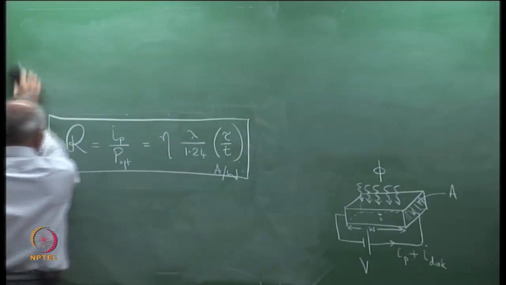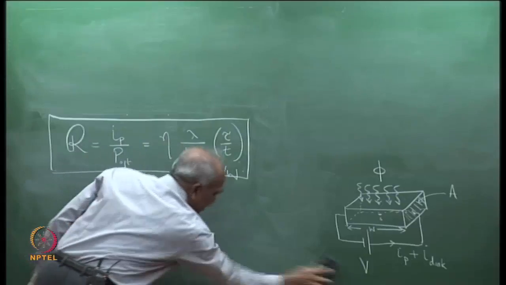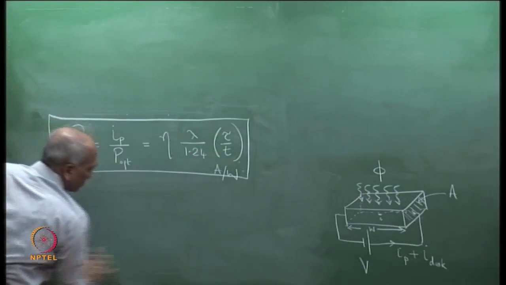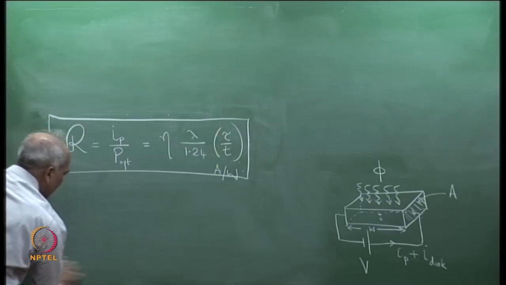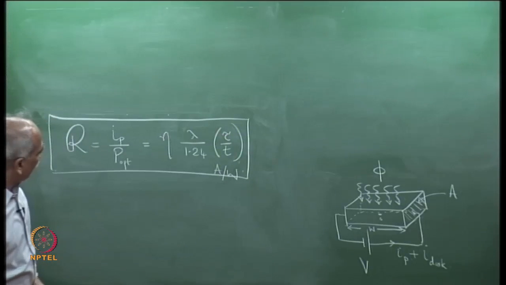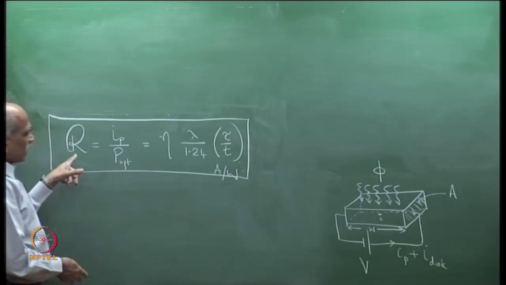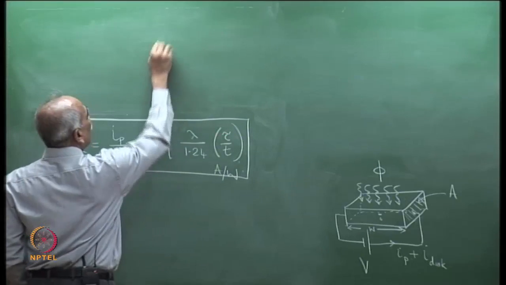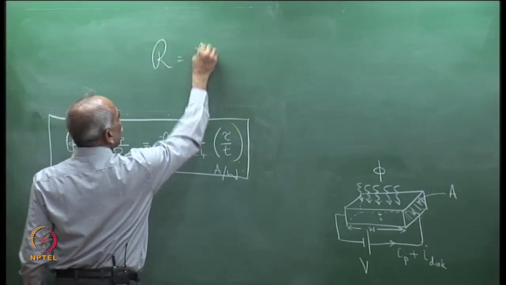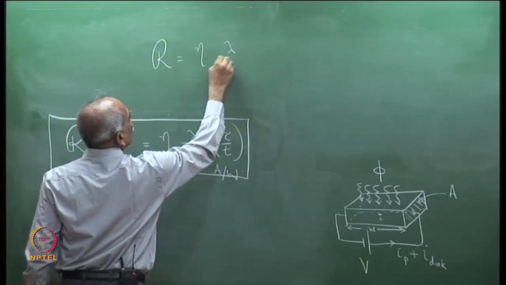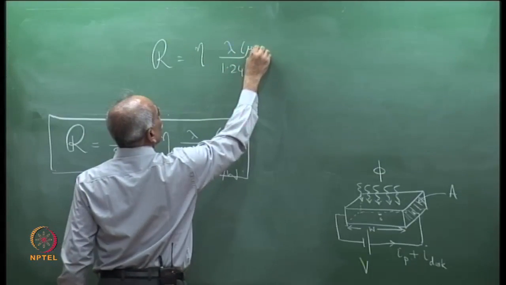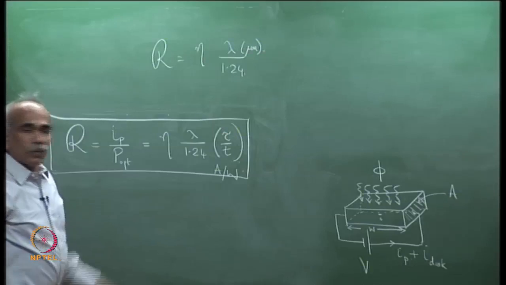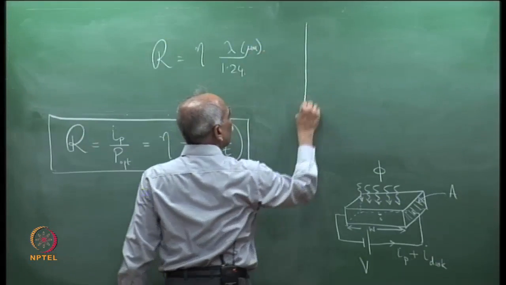When we discussed the general characteristics of detectors a couple of lectures before, we had an expression for responsivity R, which was equal to eta into lambda divided by 1.24. Hope you recall the graphs that we had plotted.